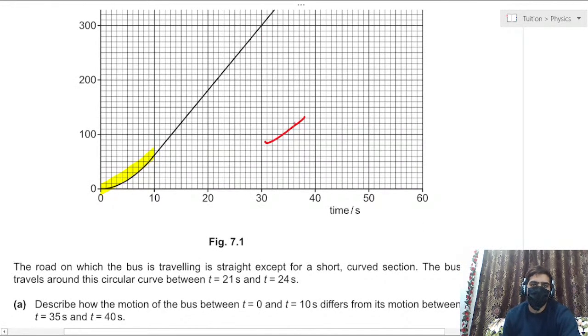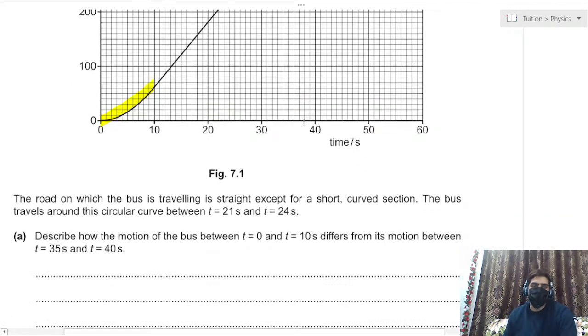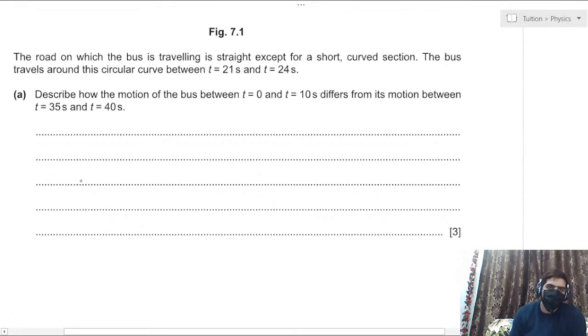So we can say between 0 to 10 second, the object is speeding up.